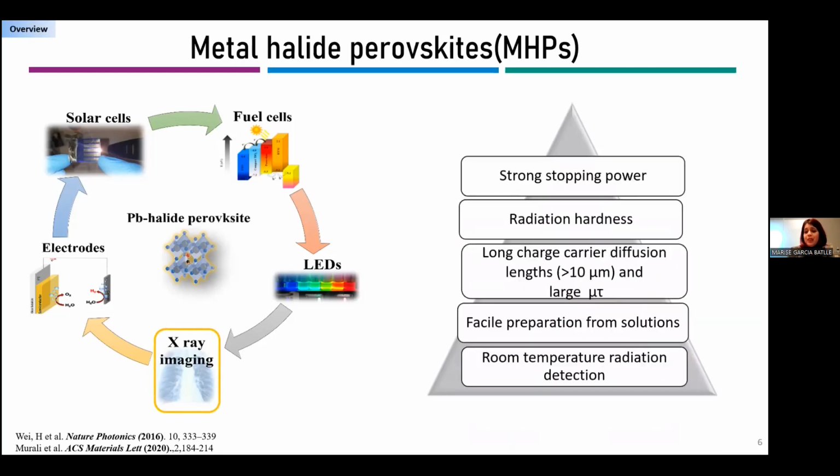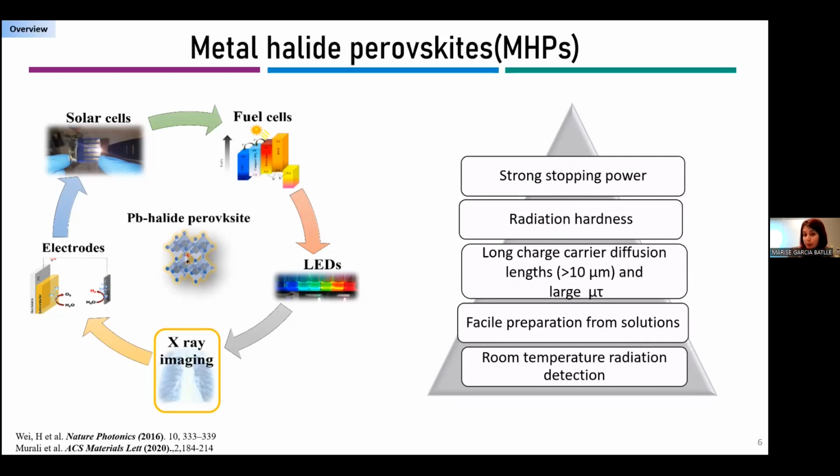The properties of perovskite have been extensively studied. We can observe that perovskite presents a strong stopping power and radiation hardness. We have lead in the structure, which is good for X-ray imaging because we can stop X-rays with this high atomic number.